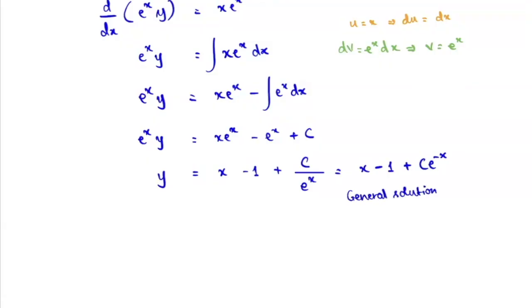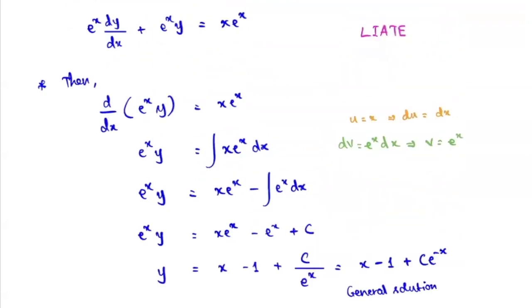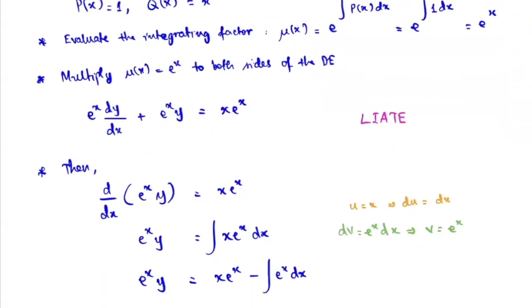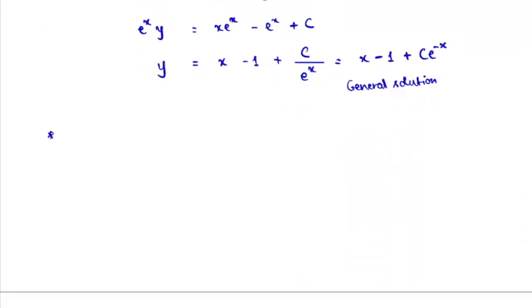In an explicit form. You are also given an initial condition, that is y of 0 is equal to 2. With this information, you can find the exact value of C. So y of 0 equals 0 minus 1 plus C times e to the 0, equal to 2.